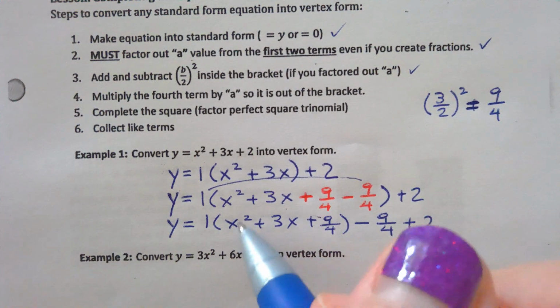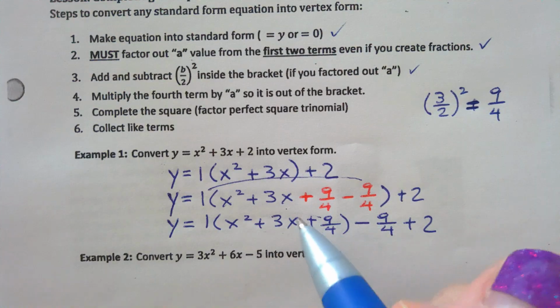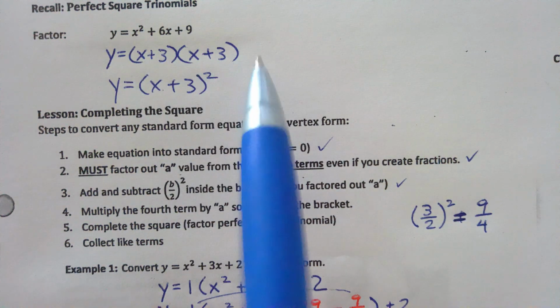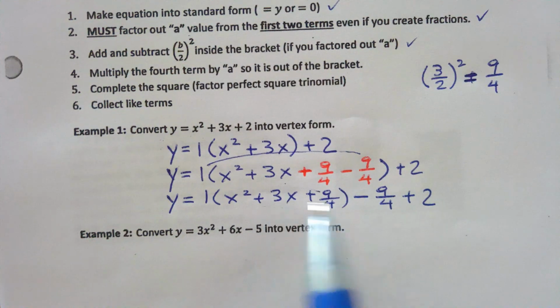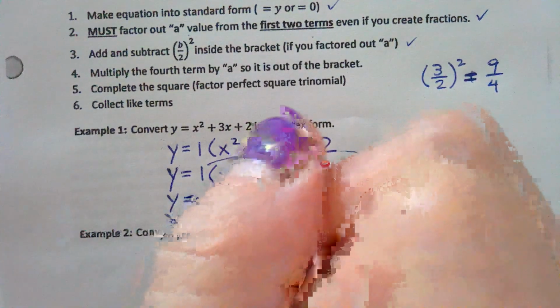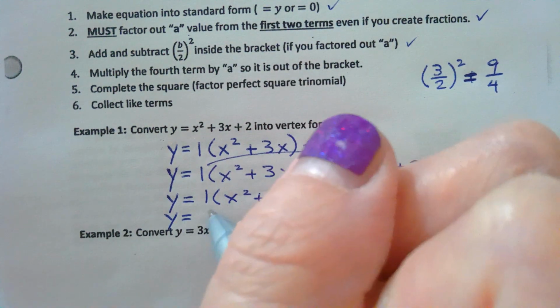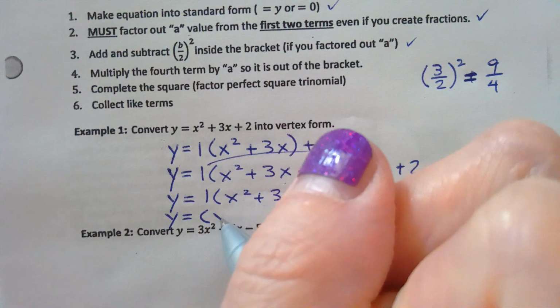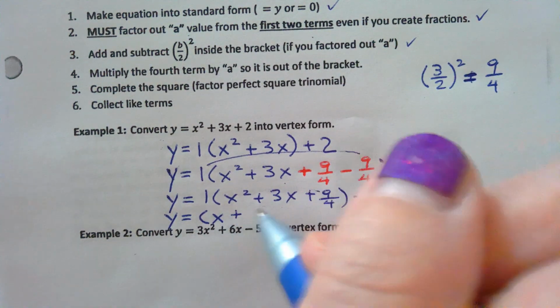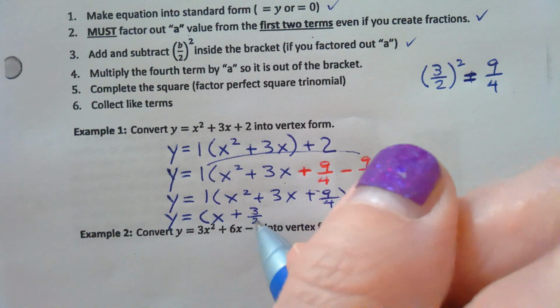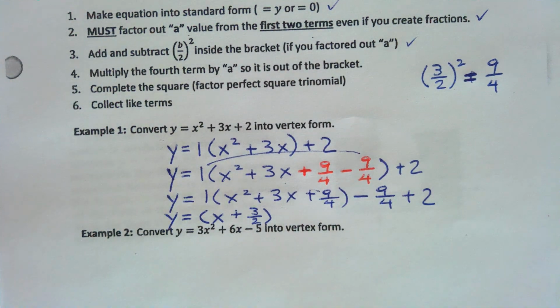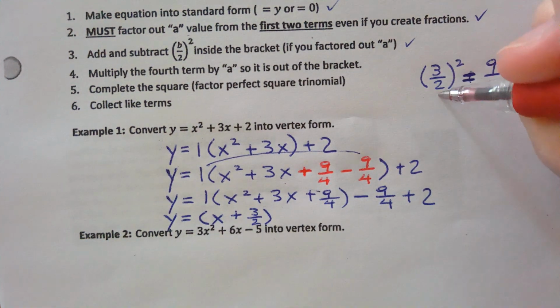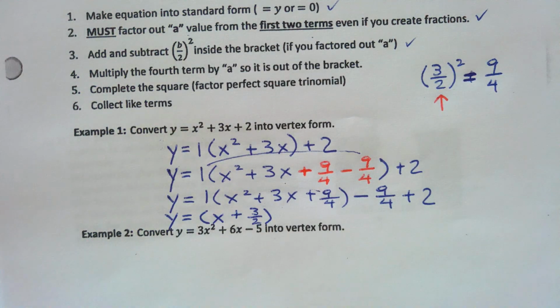This right here is actually a perfect square, just like how we did up here. So it's actually x plus 3 over 2, squared. Where have we seen the 3 over 2?